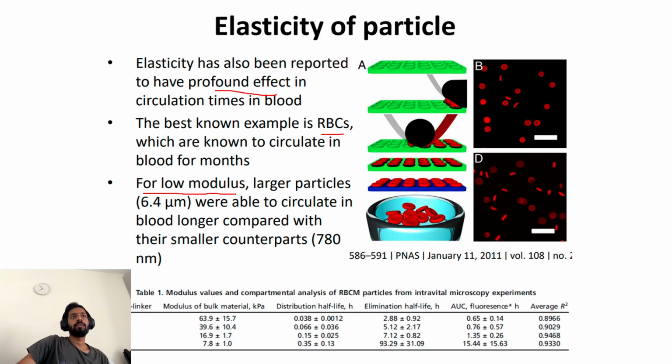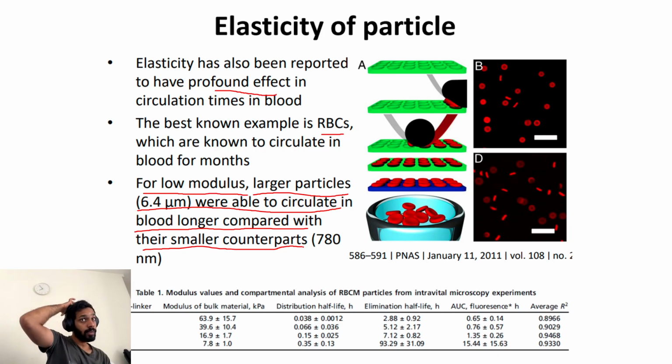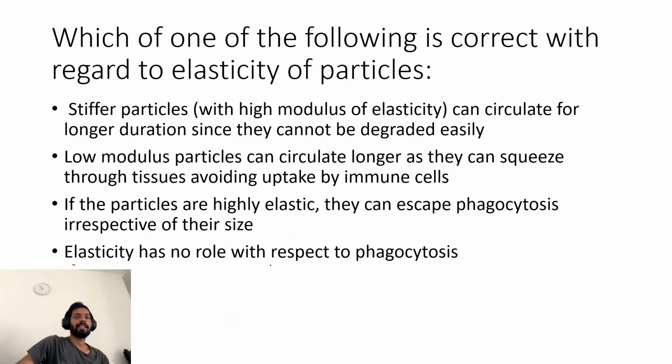So for low modulus, larger particles were able to circulate in blood longer compared with their smaller counterparts. So what does it mean? As the elastic modulus is going down, the circulation time in blood is increasing, right? So first of all, saying elasticity has no role with respect to phagocytosis is not entirely true.